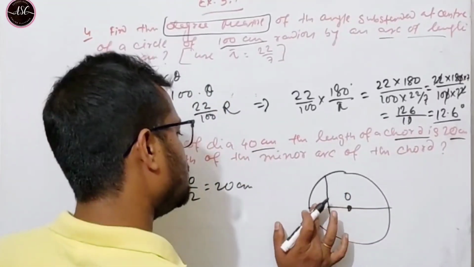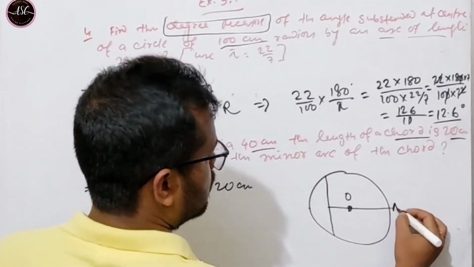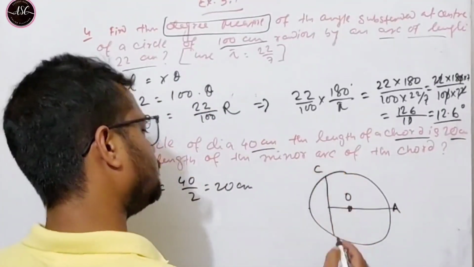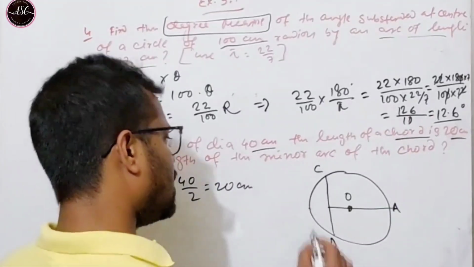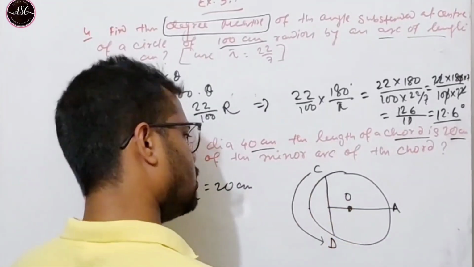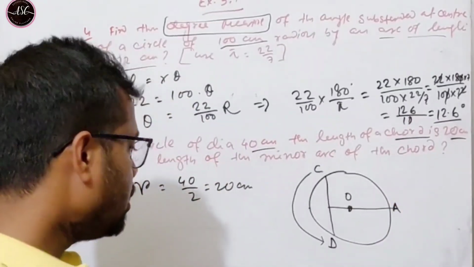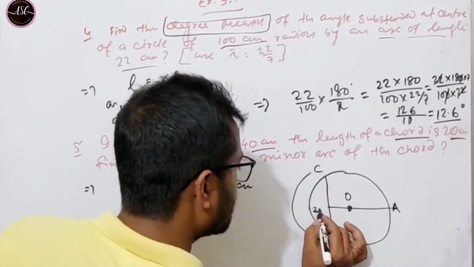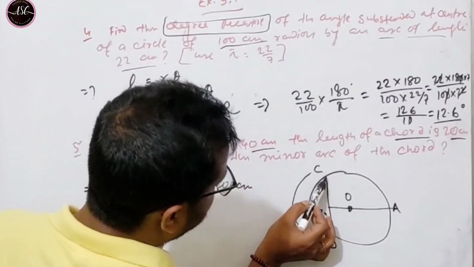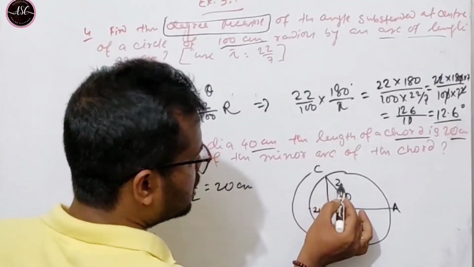Let CD is the chord. Then the minor arc means CD. Okay. And the big portion is the major arc. So here the length of the chord is 20 cm. And if we draw a line from center, this is the radius, so this is also 20 cm.